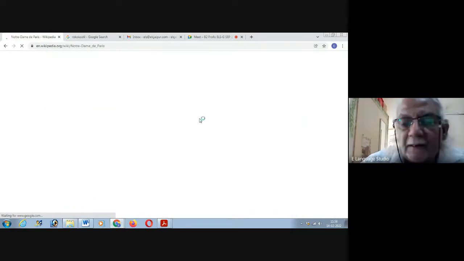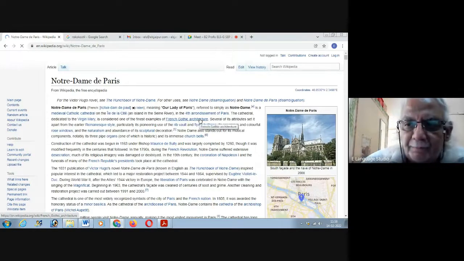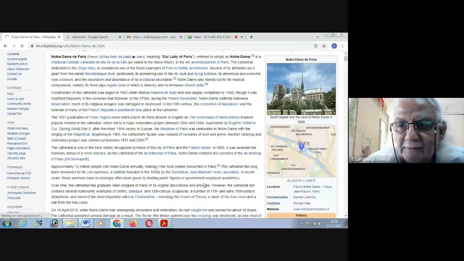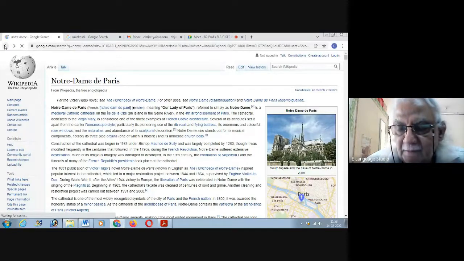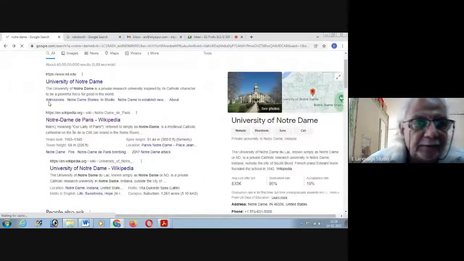Dame is the German word for Frau. Dame in French. And Notre is our. So our lady, basically. Oh, it's not there. It's a southern facade. I need the western facade.